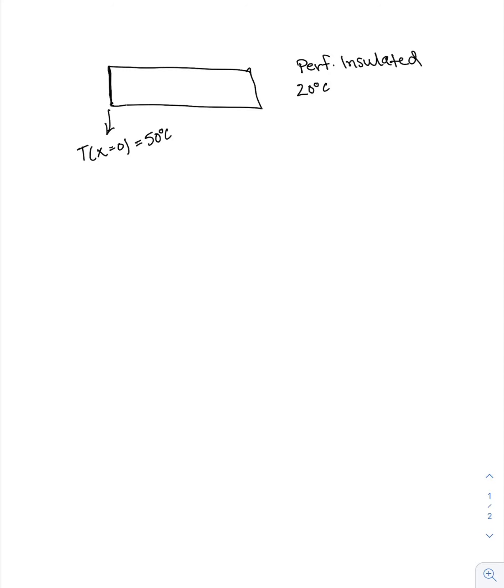That is the temperature it suddenly jumped to. But all other sides are perfectly insulated, and at this exact moment, the rest of the bar was still 20 degrees Celsius throughout. And so from there to here, that's all 20 degrees Celsius at x equals 50 meters.